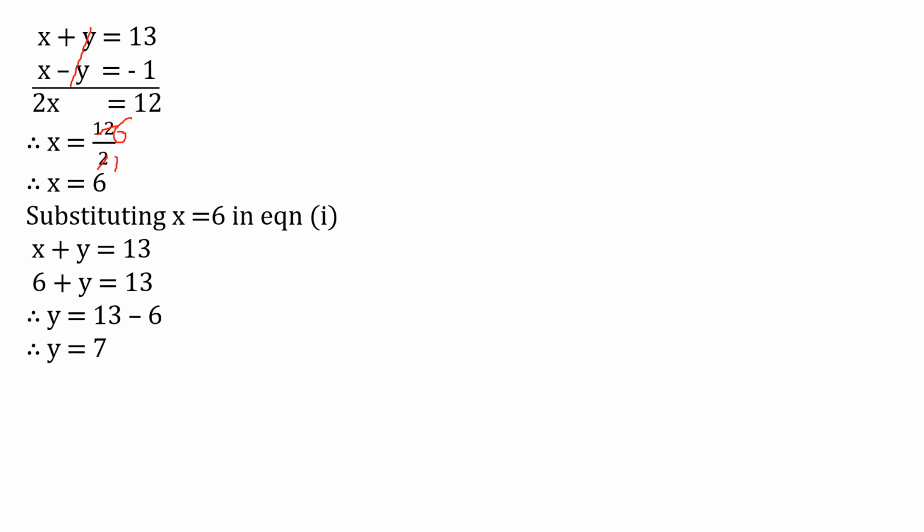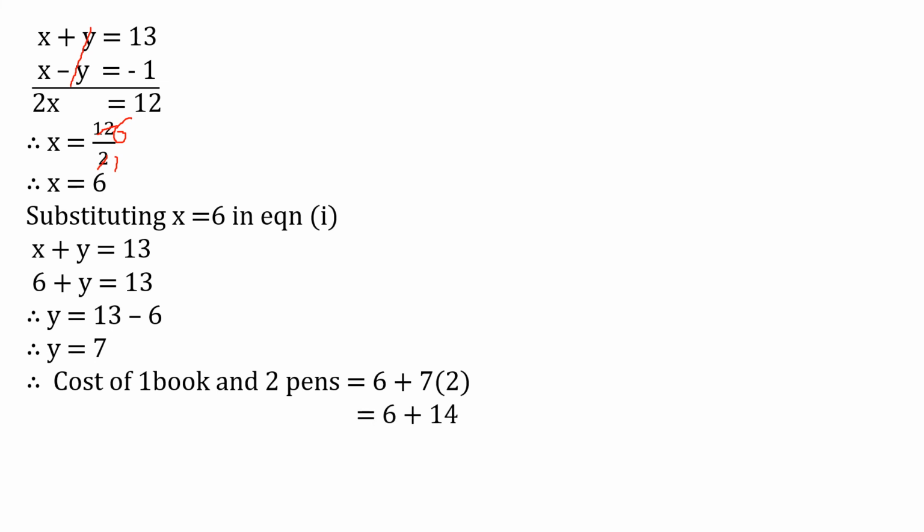So you got the value of x is 6 and y equal to 7, which means you got the cost of the book and pen. Now you need to find the cost of one book and two pens. So the cost of one book is 6 plus the cost of two pens, where one pen costs 7, so 7 into 2. You write down 6 plus 7 twos are 14. So the total cost will be rupees 20.